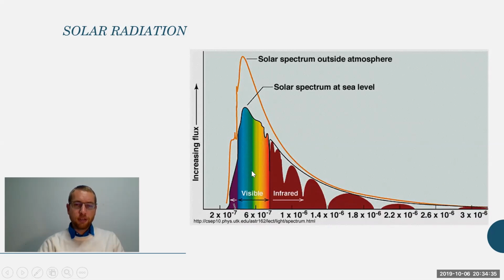The bands are a little bit more distinct. So if we look at increasing flux, increasing intensity of the energy that we're getting from the sun, about 43% of the energy that we're getting from the sun is in this visible band. Everything else is outside of the visible range, but we're still getting a lot of it, especially in that infrared spectrum.